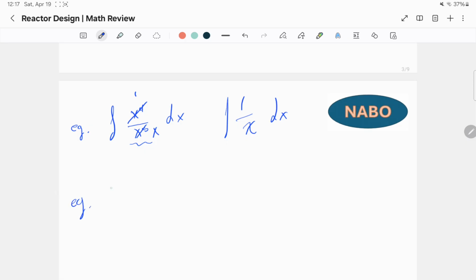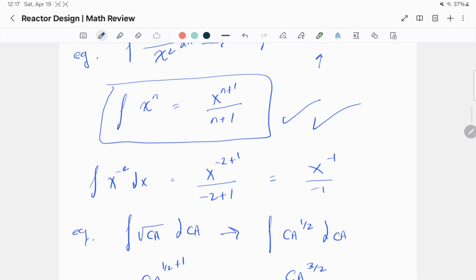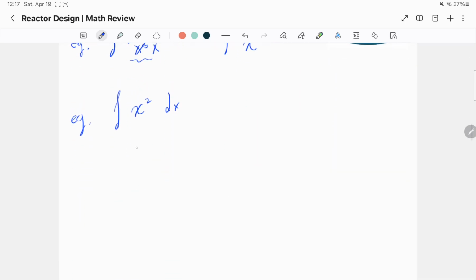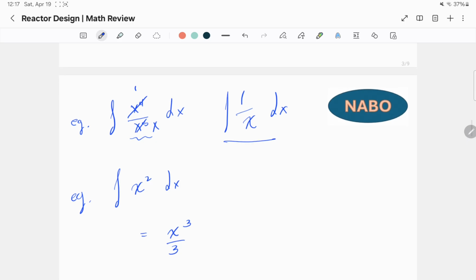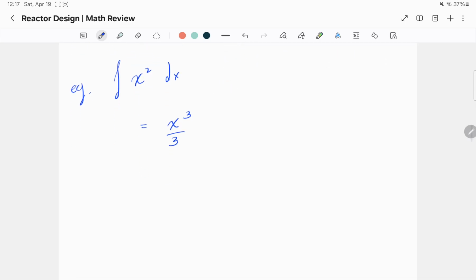Let's do a simple example of integral of x squared dx. We'll solve it using the same rule, which will equal x cubed over 3. Let's do an example that's similar to it.